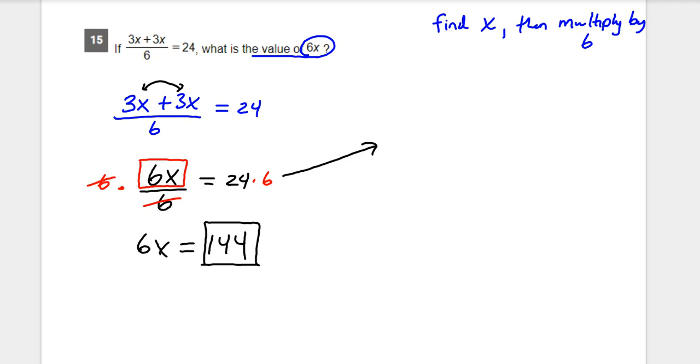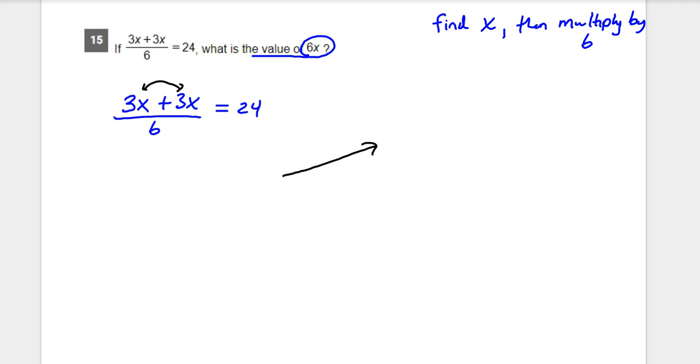Now, most people wouldn't have done it that way. A lot of people would have said, well, I'm going to combine like terms, and I'll get 6x over 6 equals 24. And then they would probably cancel out these 6's, which is fine, and you get x equals 24. But then you've got to go back and figure out, well, what is 6x?